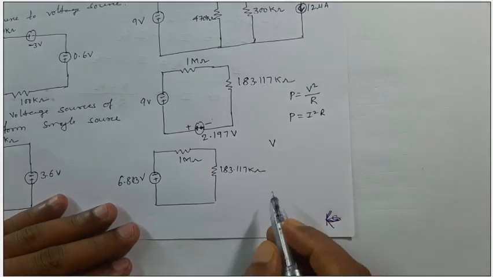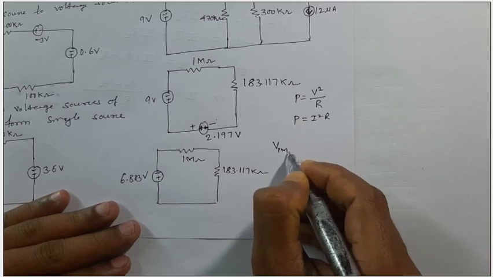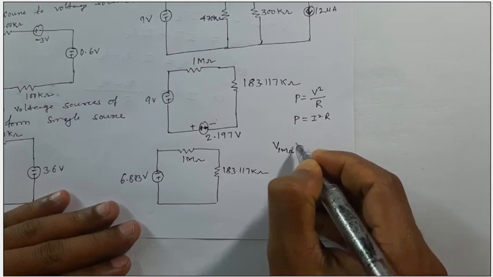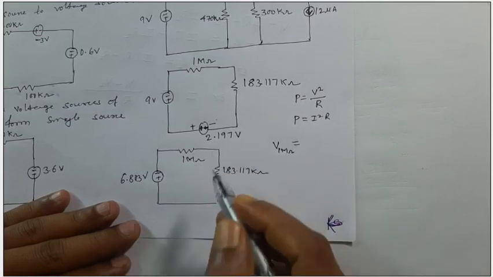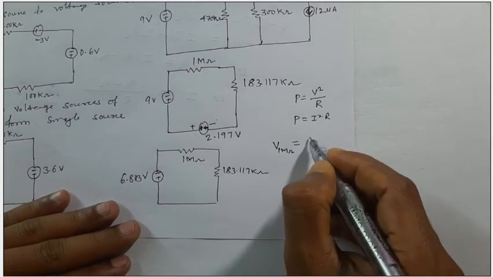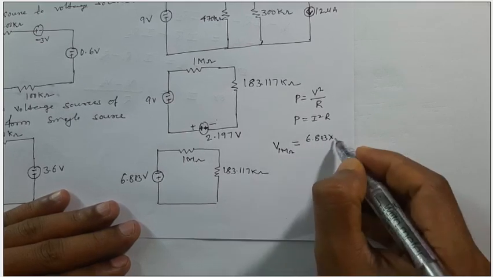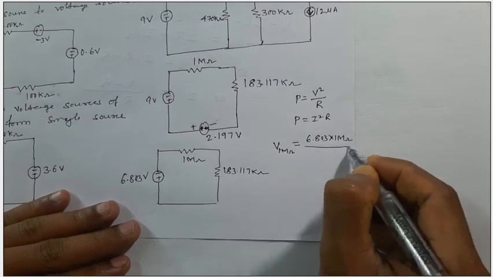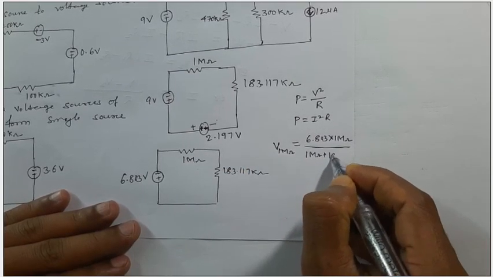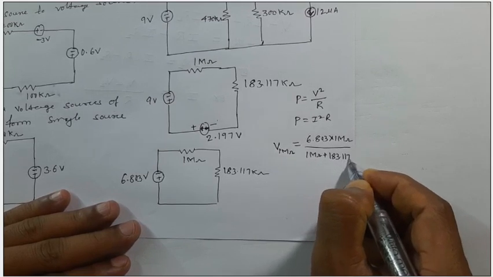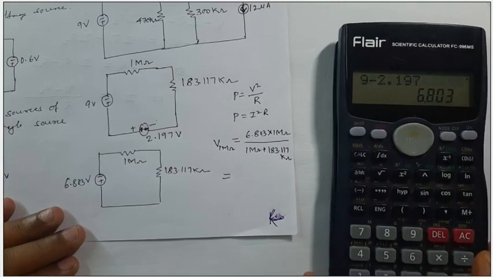I'll write here itself, voltage across 1 mega ohm can be directly found using the voltage division rule, where main voltage is 6.803 into resistance of the branch 1 mega ohm divided by sum of the resistors. One is 1 mega ohm plus another one is 183.117 kilo ohm.